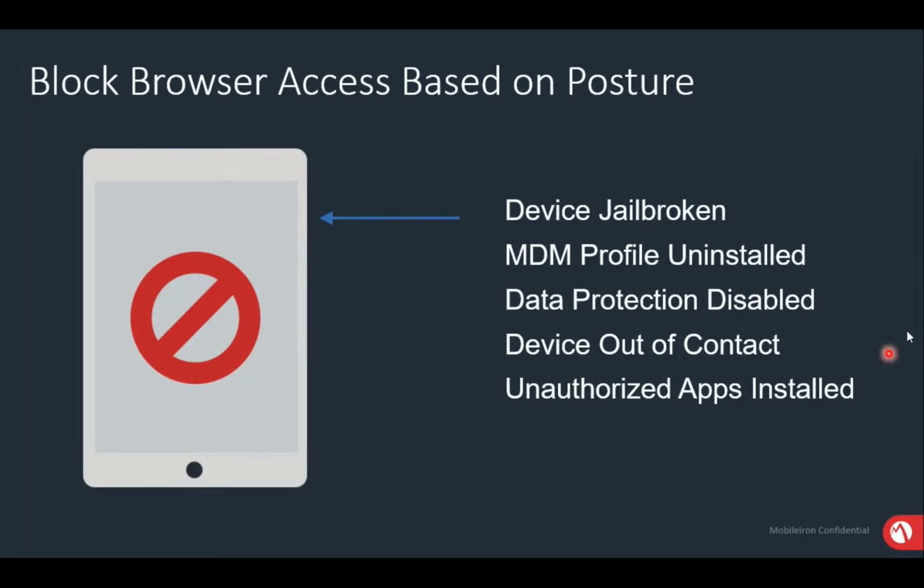You can also have a list of blacklisted and whitelisted apps. If a user has a blacklisted app, then when they open Web@Work, this UEM client will first check whether the device is compliant.